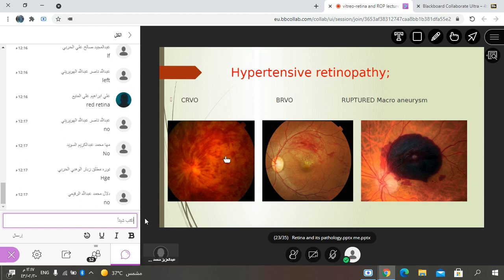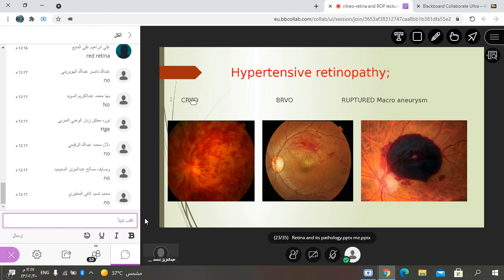You cannot see. Excellent. So hemorrhage, yes. Also, there are no details of the underlying retina. You can see the blood, there is a hemorrhage that is obscuring the whole retina. And this is what? Central retinal vein occlusion.